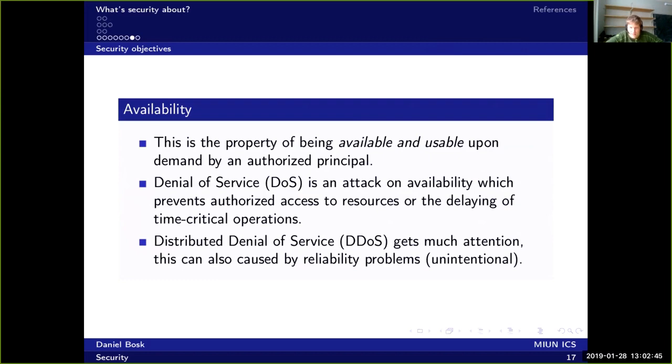So this has happened numerous times by accident. Nowadays, it's usually not a reliability problem anymore. Most organizations have come to terms with that, so they can handle it. But still, there are times of malicious actors when they deliberately send a lot of requests to a single service to make it unavailable.